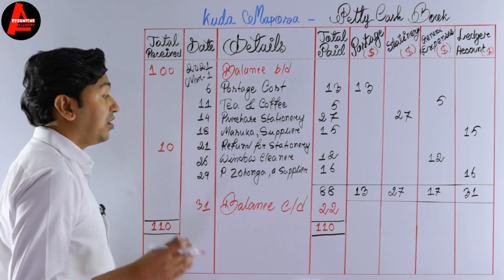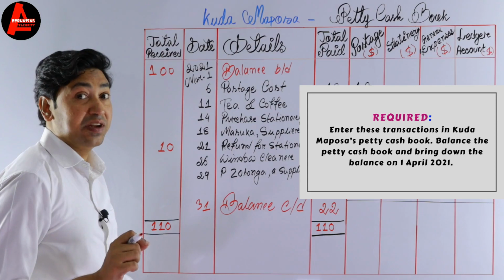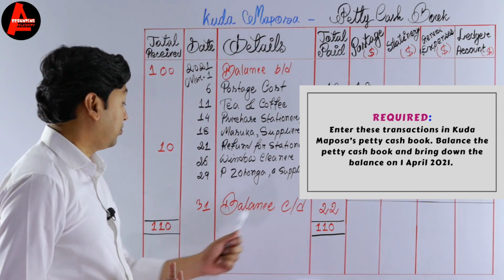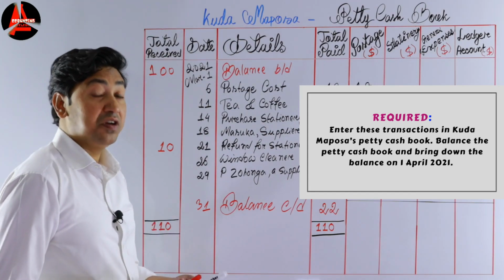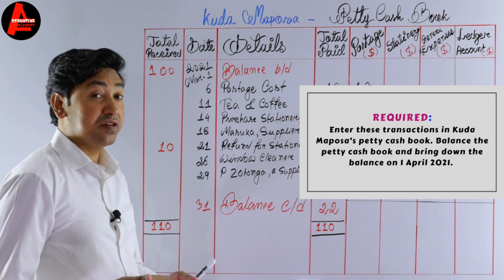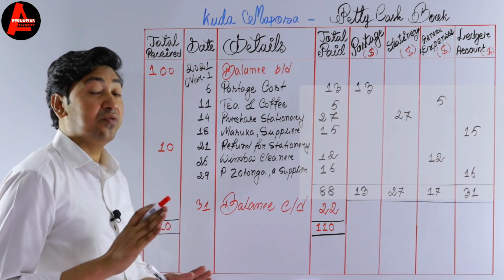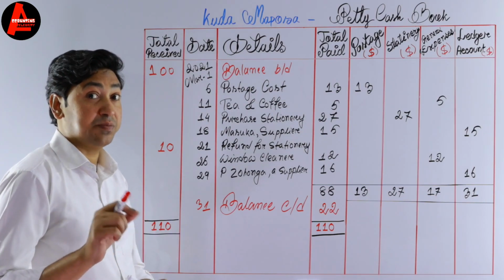Okay, now on the question we are required to bring down the balance. So how to bring down? So same amount will come here, this 22 will come here. So date is given for balance brought down, it is 1st April 2021. Even if the date is not given for balance brought down, we will write the first day of next month.